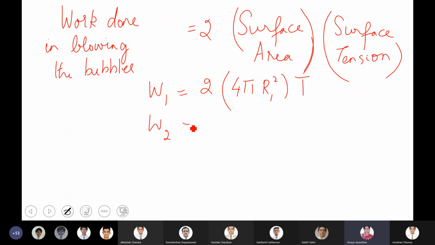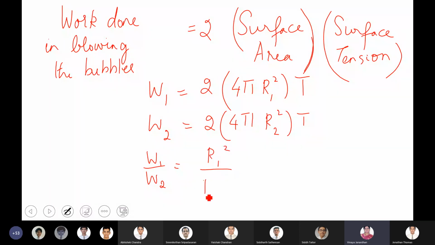The work done in blowing the second bubble will be 2 into 4 pi R2 squared into T. So the ratio of the work done will be R1 squared by R2 squared. So that is 2 by 3 whole square, 4 by 9.